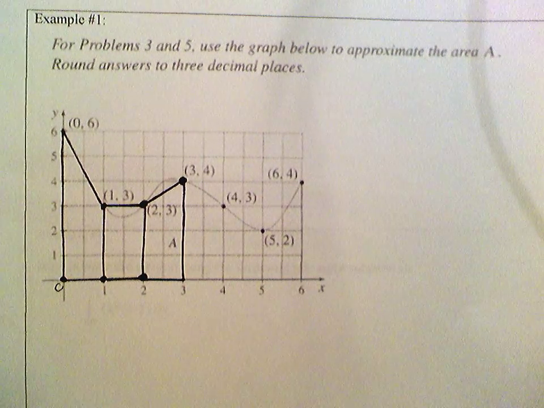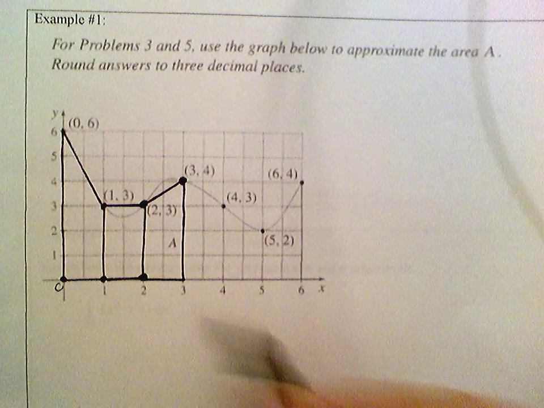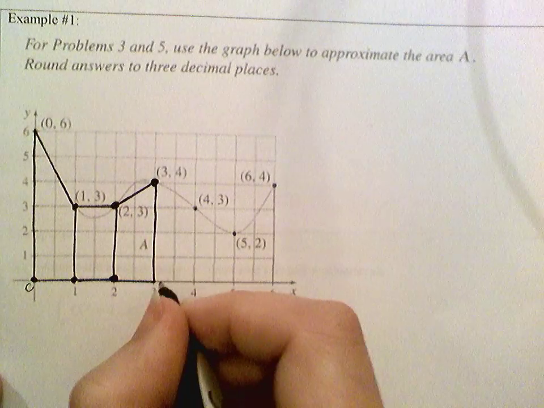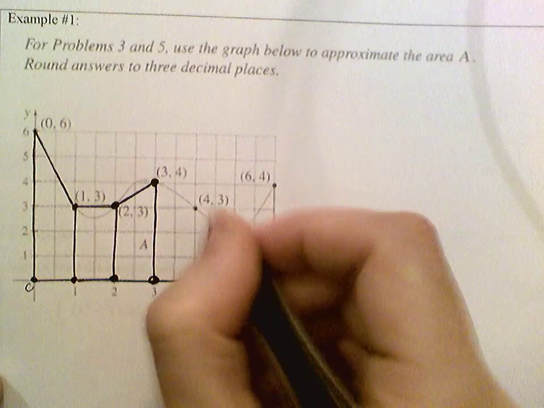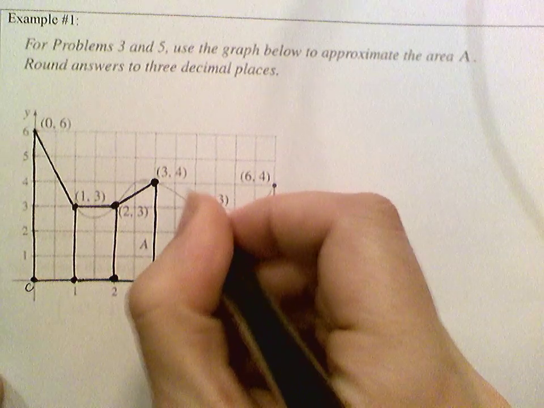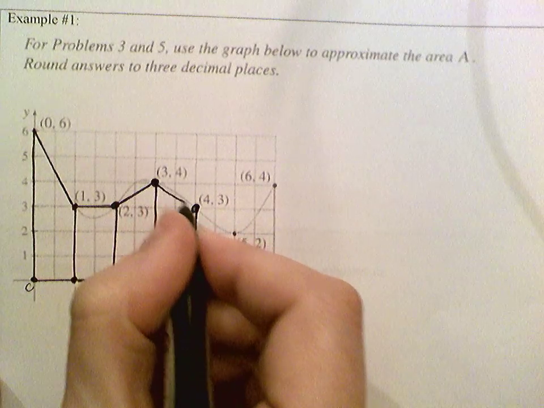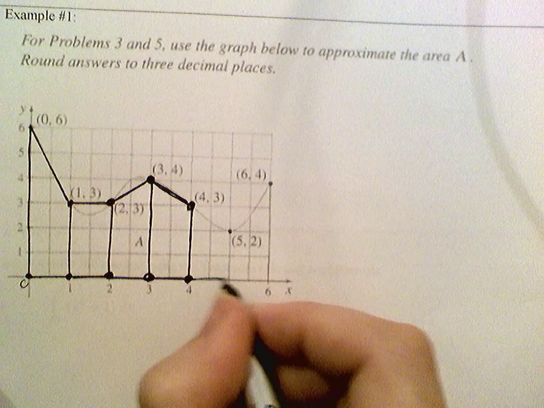So these will give us a better approximation than if we were to use 6 rectangles. Okay, now this is our fourth height for our fourth trapezoid. Okay, that's its base 1, base 2, and then that other leg.